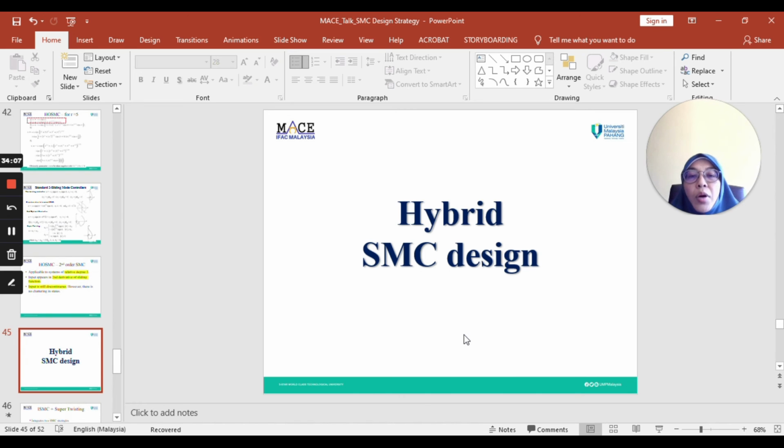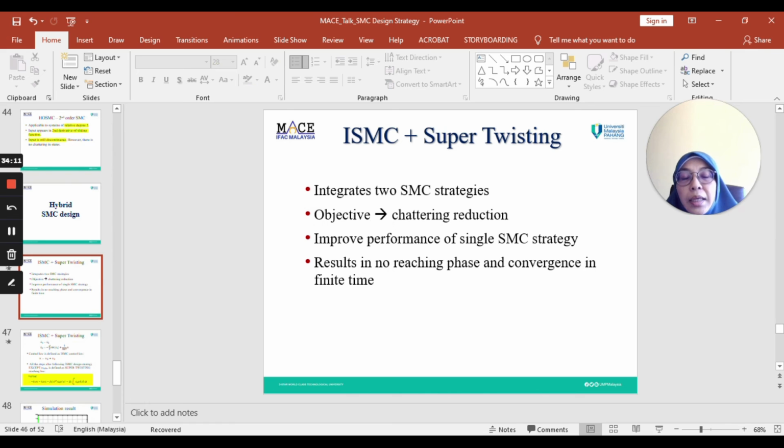Why do we need this hybrid SMC design? This is another way of reducing chattering. Basically in this hybrid, we can integrate two or more SMC strategies, and we can also combine with other control strategies like backstepping, or intelligent control like fuzzy or neural network.